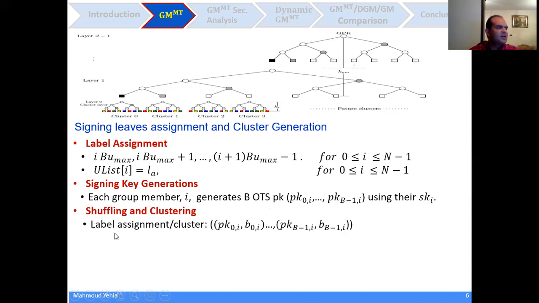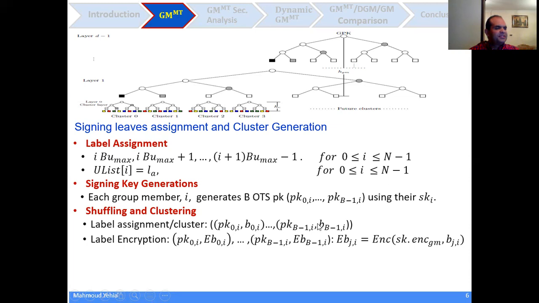This is done by first making a label assignment for each cluster, so that the public keys received from each group member are labeled in the designated range, from the label P0 up to the label P-1.